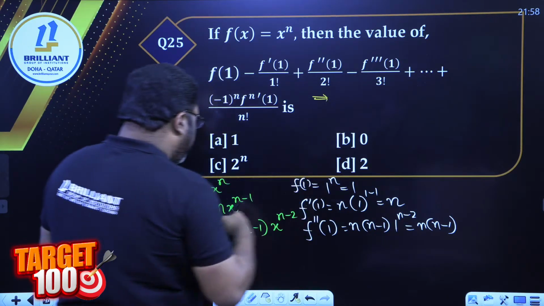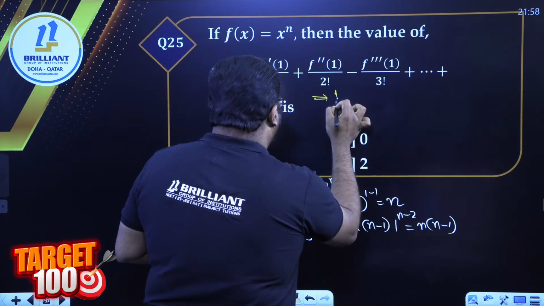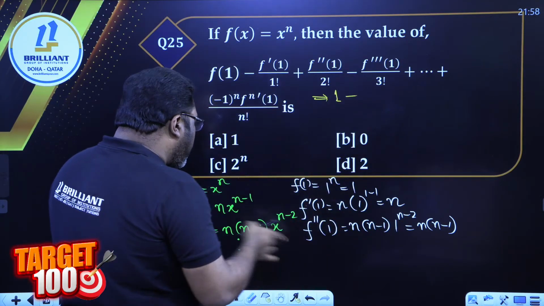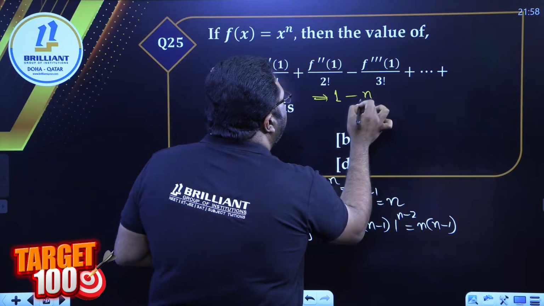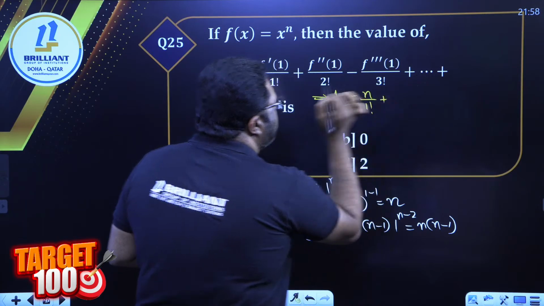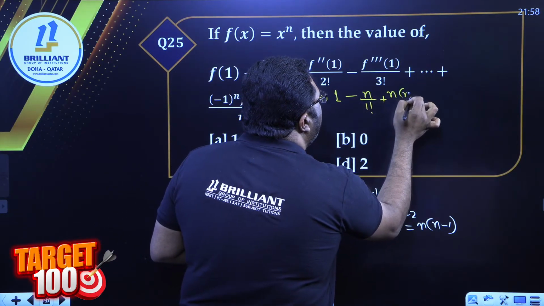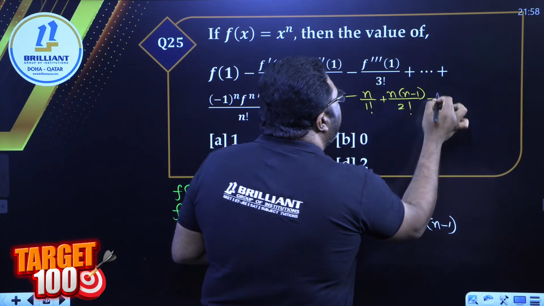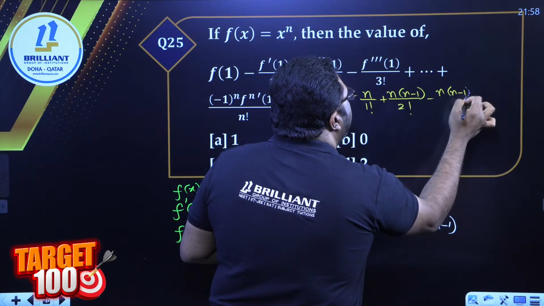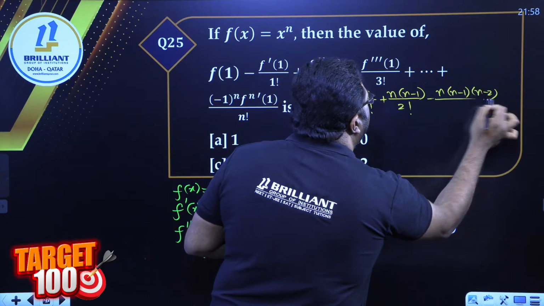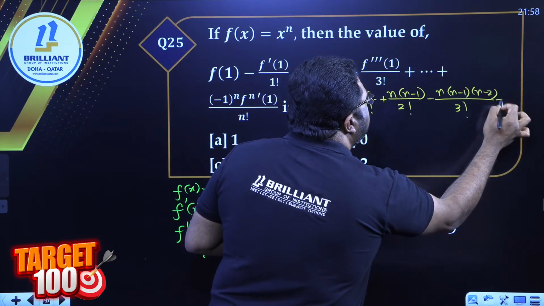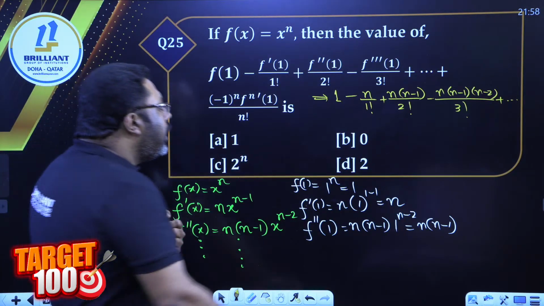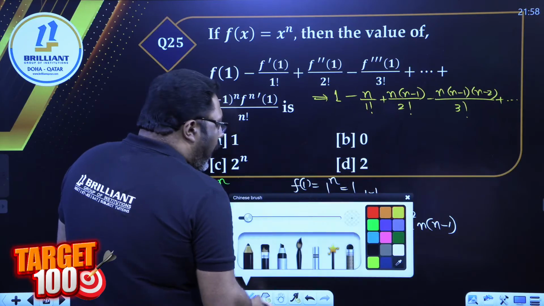F of 1 is 1, because 1 raised to n is 1, minus f dash of 1 is n by 1 factorial, plus f double dash is n into n minus 1 divided by 2 factorial. And if I keep going like this, it's going to be n into n minus 1 into n minus 2 by 3 factorial.